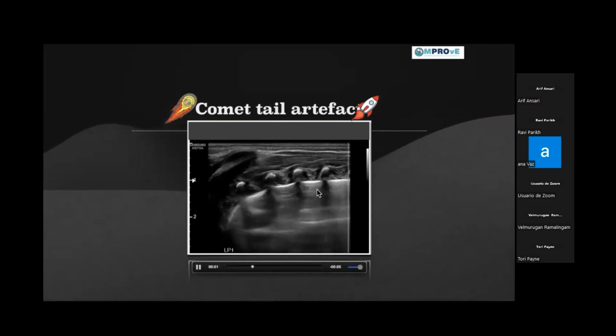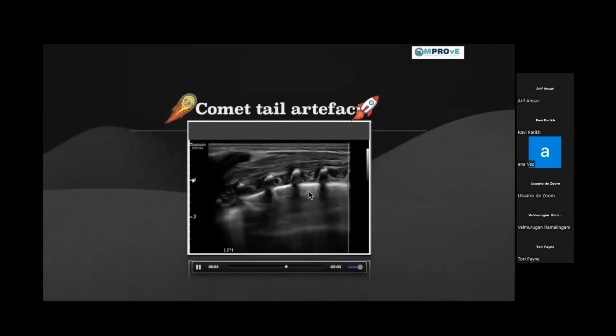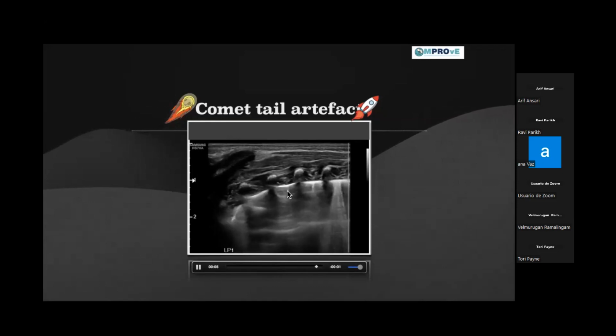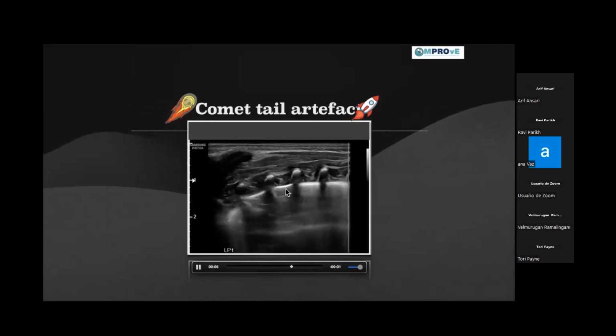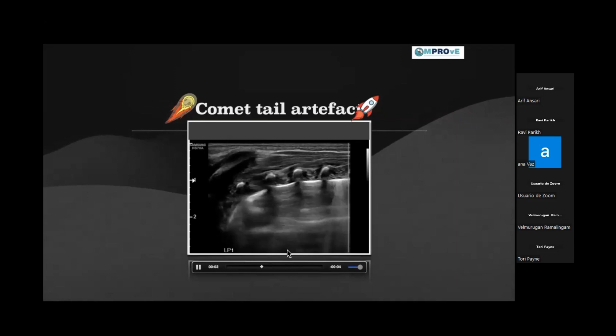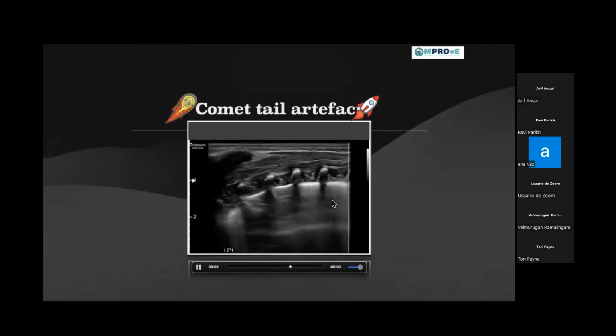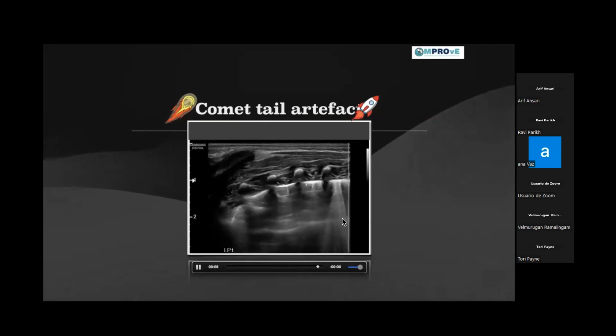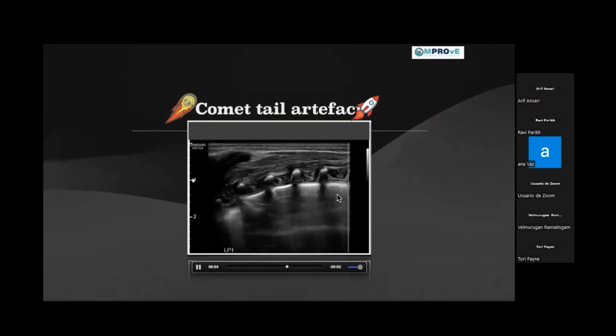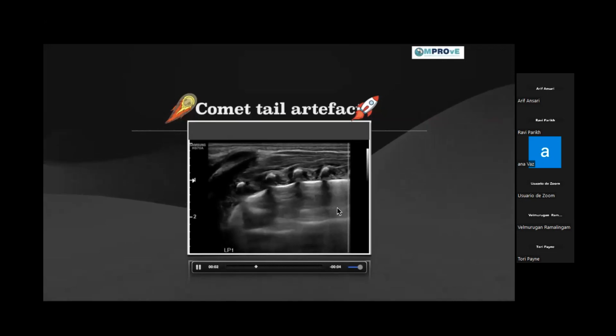Let's play the video, and you can see these small vertical lines. You can see here, it arises from the pleural line, but it doesn't reach the end of the screen. I hope you agree with me here. At the same time, these are the B lines. It looks like a focused light on the opera. It reaches all the way to the bottom of the screen, and these are the B lines.